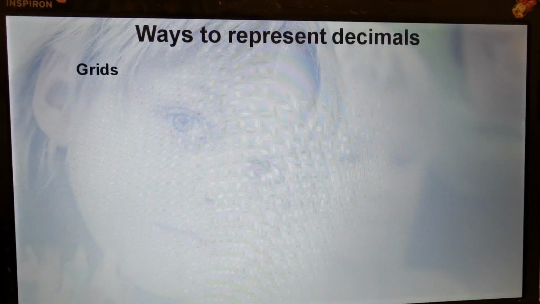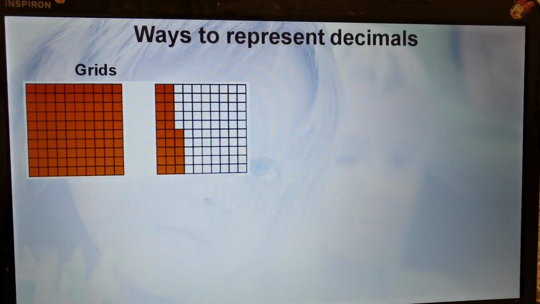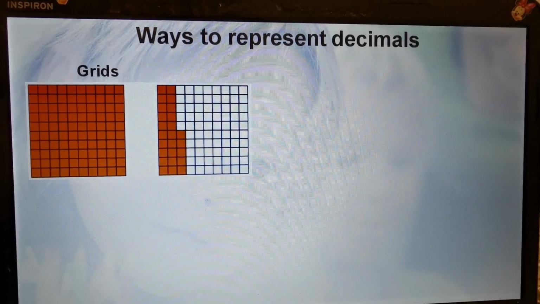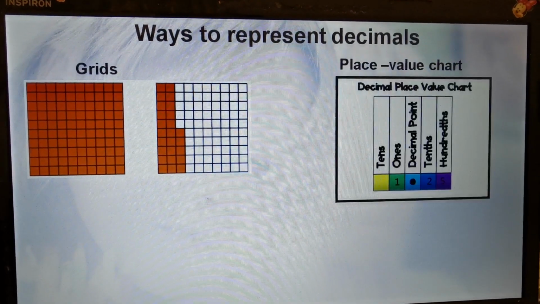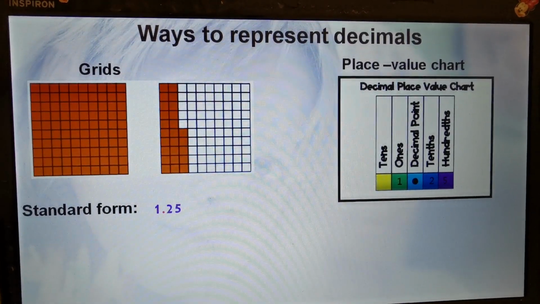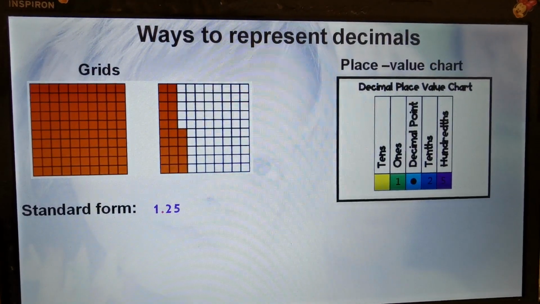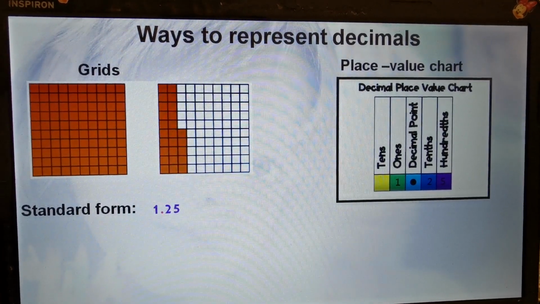Now, ways to represent decimals. We have the grids. And if you remember, how do we write it first? Using numbers. It's called standard form. So we write 1 as a whole, 25 hundredths.